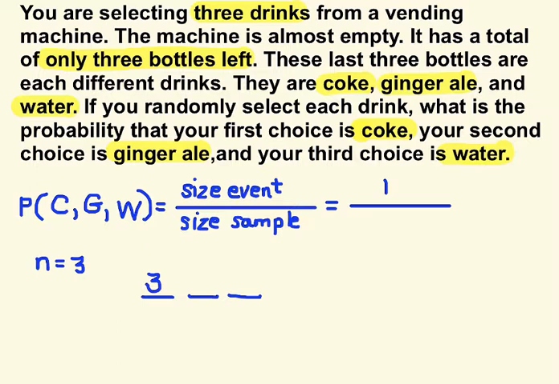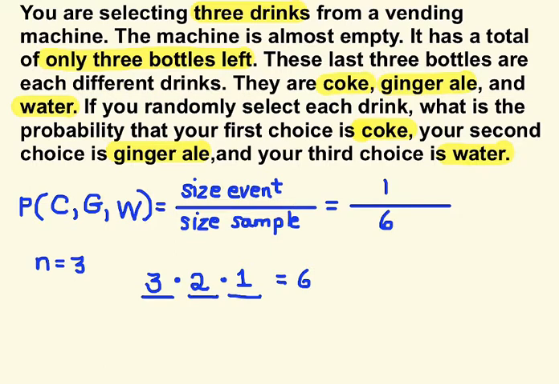But once we've done that, if let's say we selected ginger ale first, there are only 2 left. So in our second spot, there are only 2 available items that we could select for our second drink. And once we've selected the second drink, there's only 1 left in the machine. So there's 1 way we can select the last drink. So 3 times 2 is 6, times 1 is 6. So here we have our probability is 1/6.